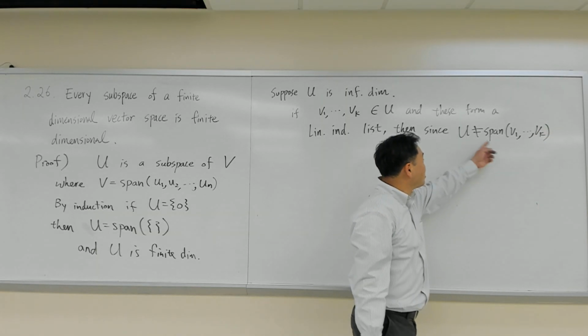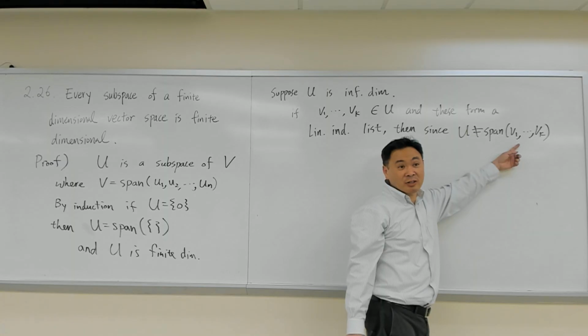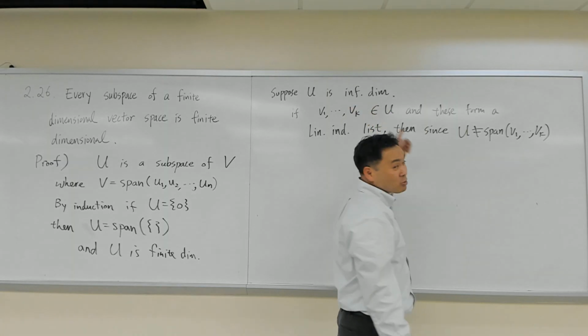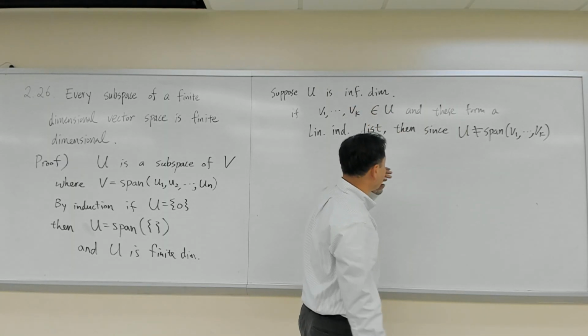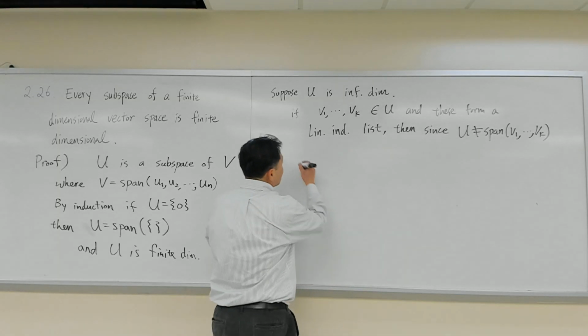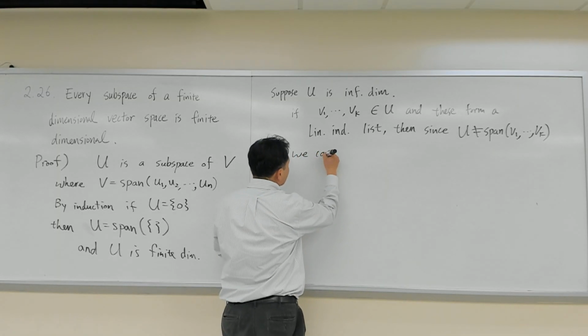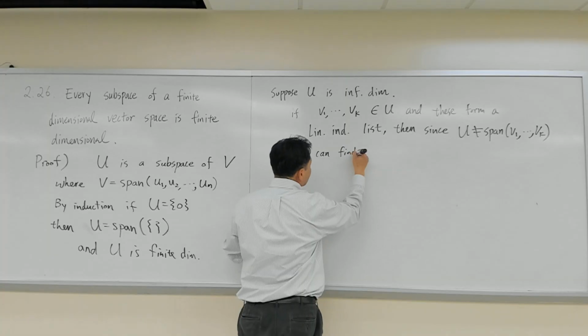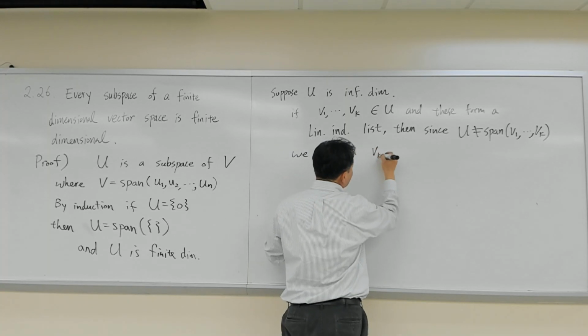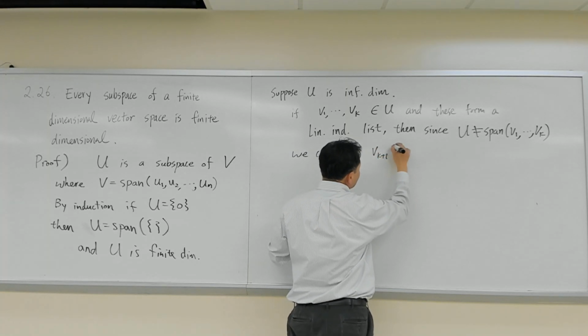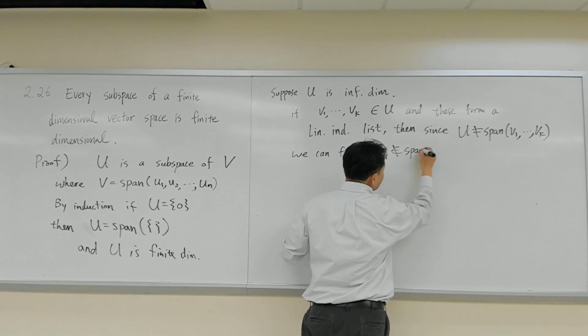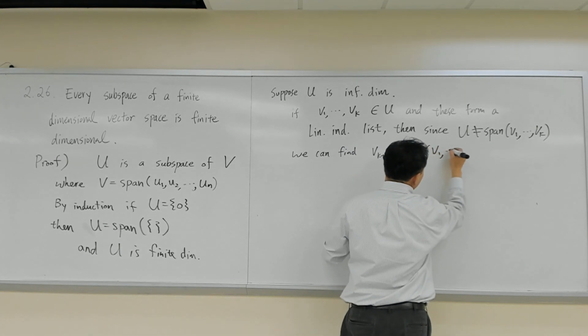Because if it is equal, then it'll be finite dimensional, right? But we're trying to come up with a contradiction if it's infinite dimensional. We can find vk plus 1 that's not in the span of v1 through vk.